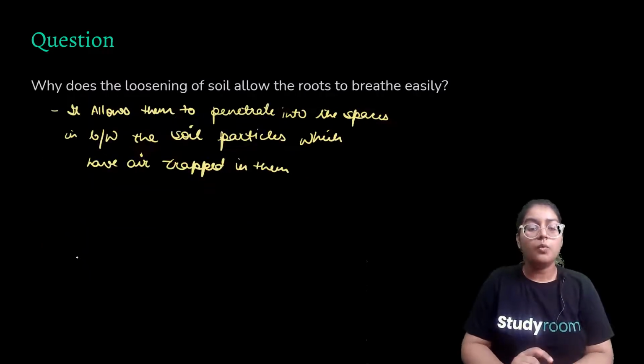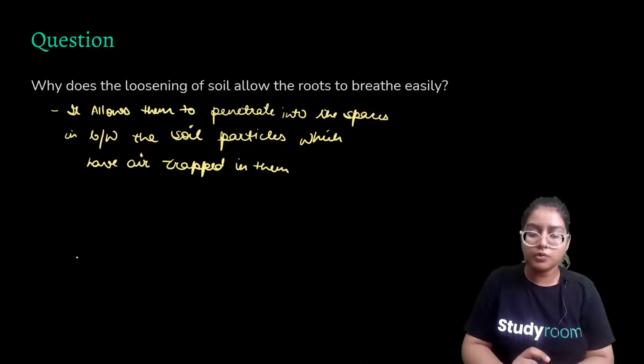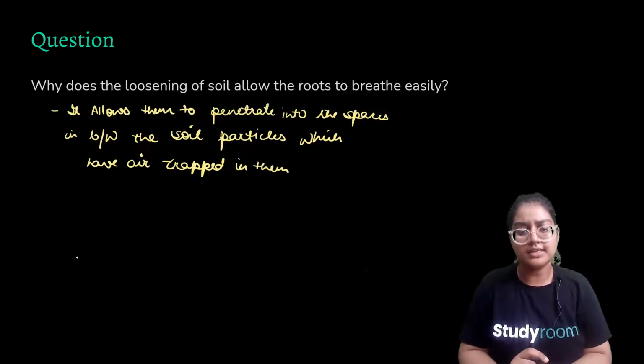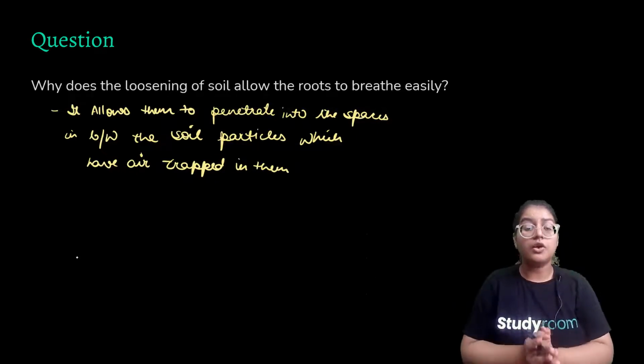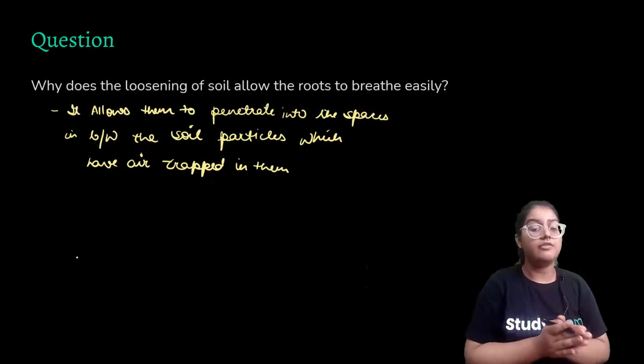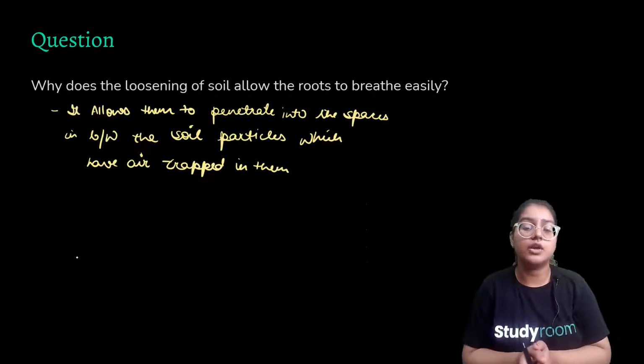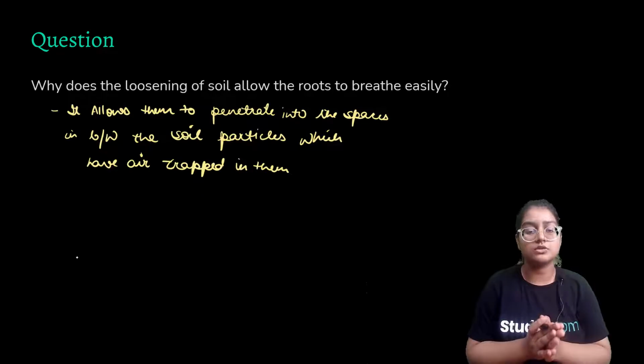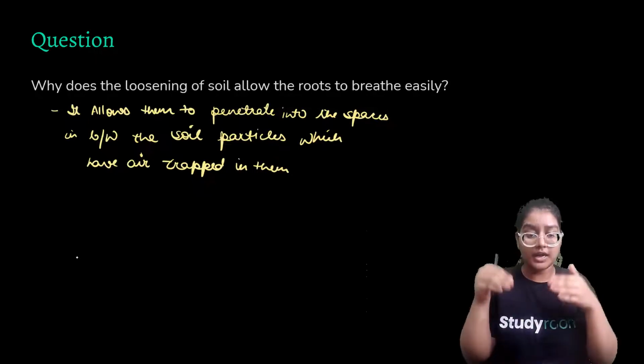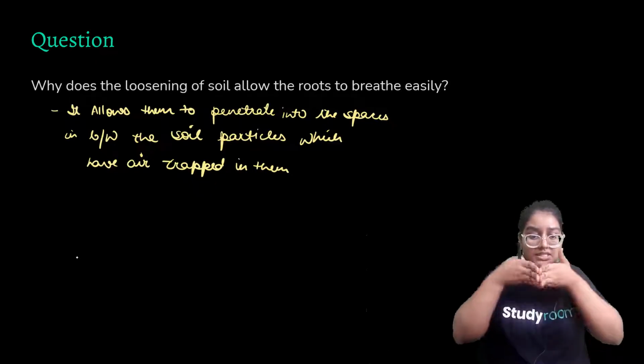Question: why does the loosening of soil allow the roots to breathe easily? Since the first slide we have been discussing why loosening of soil is important and why earthworms loosen the soil. But why is it important? Because air is trapped in the spaces between the soil particles, and the roots of the plants penetrate deep into those same spaces.